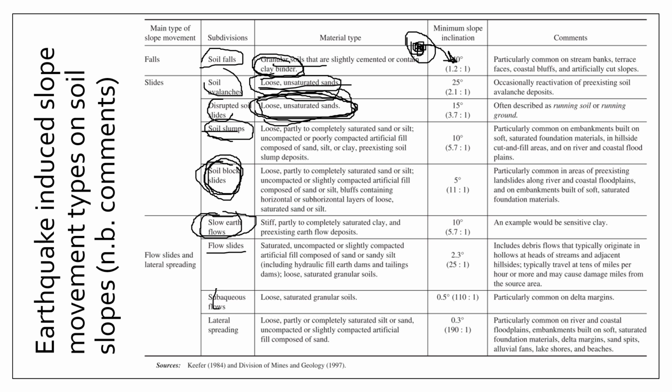Earth flows are quite interesting. They are driven by the plasticity of your soil. So earth flows are slow moving failures, and typically it's a mixture of clay and silt and other fine soils.